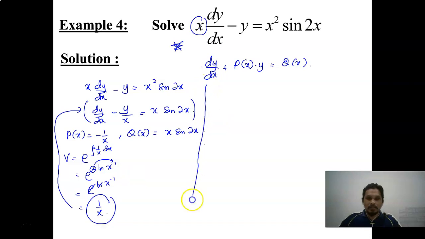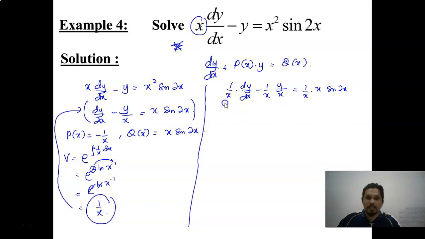Okay, 1 over x multiplied with dy/dx, and then minus 1 over x multiplied with y divided by x, equal to 1 over x multiplied with x sine 2x.